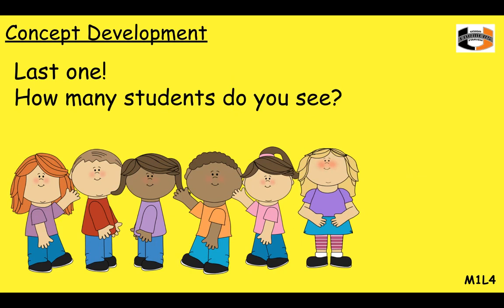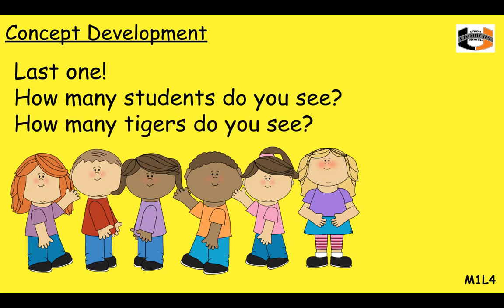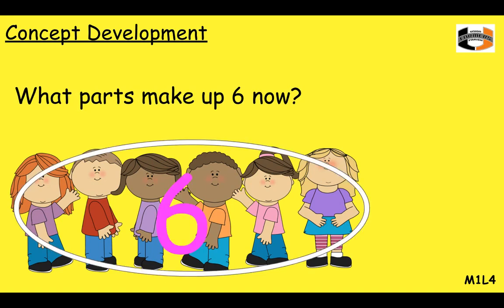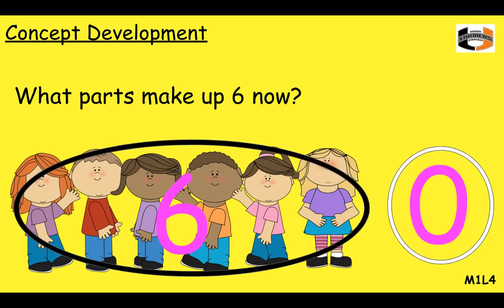Last one. How many students do you see? Right, that's the number we started with, 6. How many tigers do you see? Well, hopefully you see 0. What parts make up 6 now? 6 and 0, because there are 0 tigers.